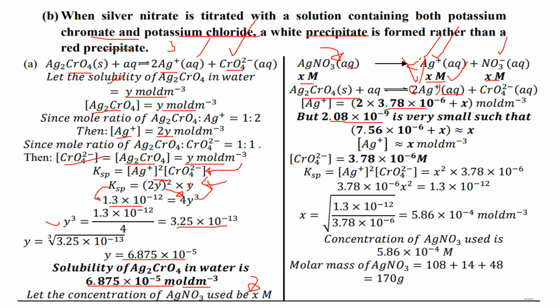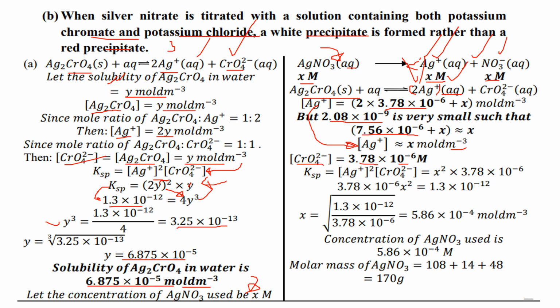Therefore, summation of all this, 7.56 exponential negative 6 plus X, the molar concentration of silver ions is going to be that one that is coming from the strong electrolyte, which is going to be X moles per decimeter cubed. So that means the molar concentration of chromate ions remains the same as 3.78 exponential negative 6 as given in the question.